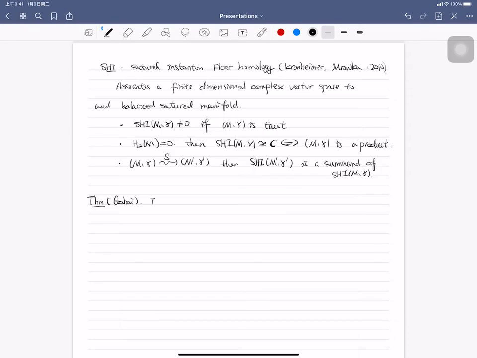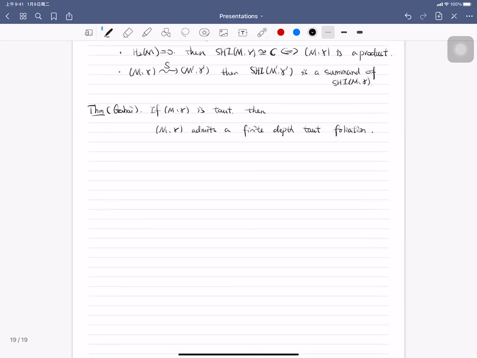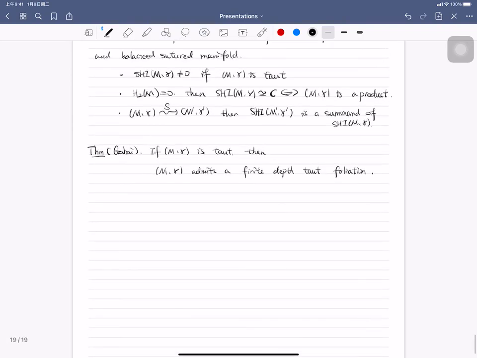Gabai says if M and gamma is taut, then M and gamma admits a finite depth Taut foliation.